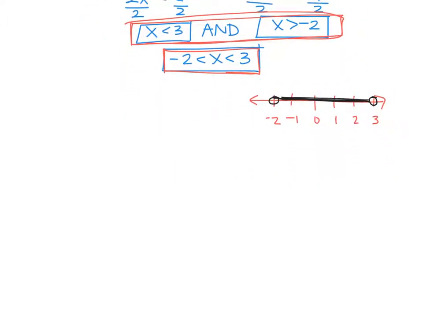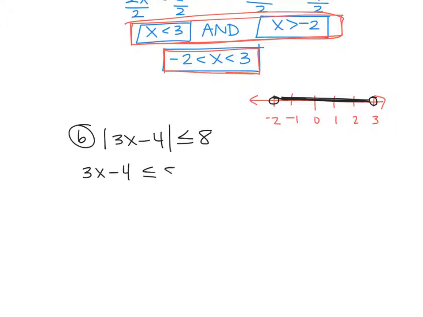Okay, second one. You have the absolute value of 3x minus 4 is less than or equal to 8, okay? Again, it's less than. This is an and, less than problem. But you're going to write your two equations. So 3x minus 4 is less than or equal to 8.